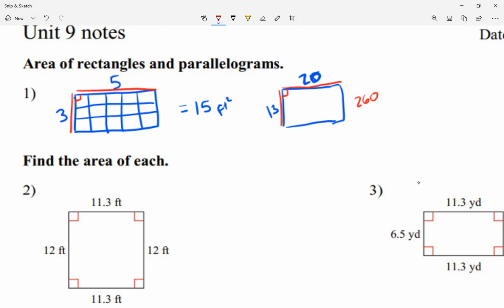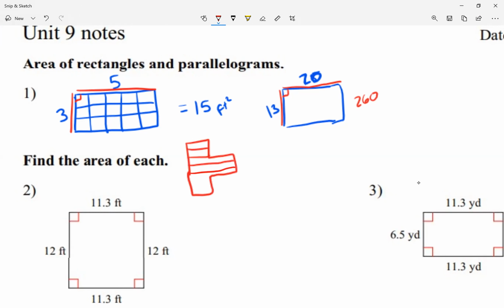If you're given a figure in squares, I could give you a figure like this, but I separate it into squares, any figure, and then I ask you what's the area of this?